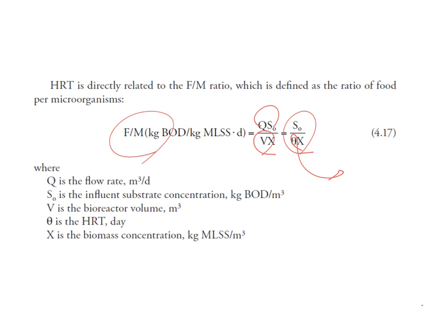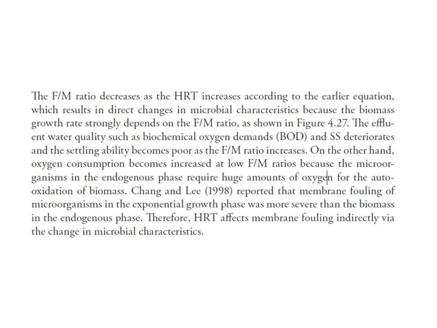So if we increase the HRT, the F/M ratio actually decreases. The F/M ratio decreases as the HRT increases according to the earlier equation, which results in direct changes in microbial characteristics because the biomass growth rate strongly depends on the F/M ratio.